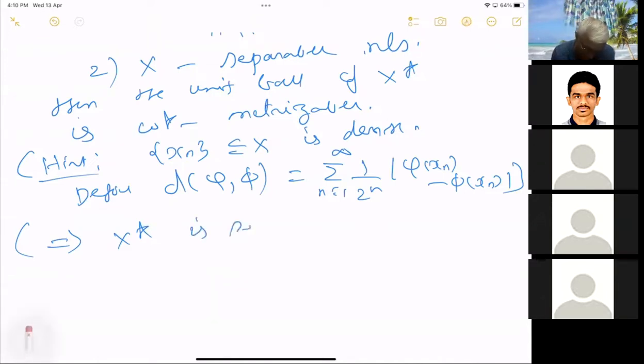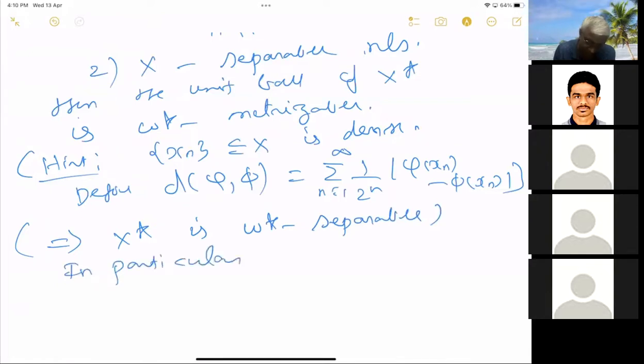Not separable, sorry. If X star is separable, then X is separable, but X separable does not mean X star is separable. But if X is separable, then X star is weak star separable. In particular, this L infinity, which is not a separable Banach space, is weak star separable. It follows from these things.